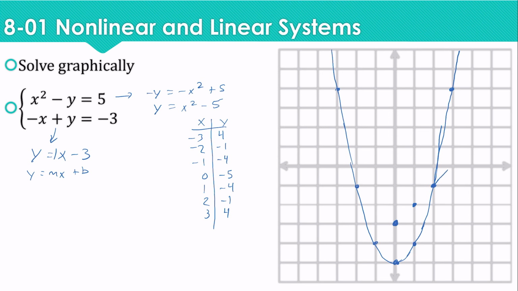So you get a bunch of points and can see what your line will be. There are 2 points of intersection. They appear to be negative 1, negative 4, and 2, negative 1.